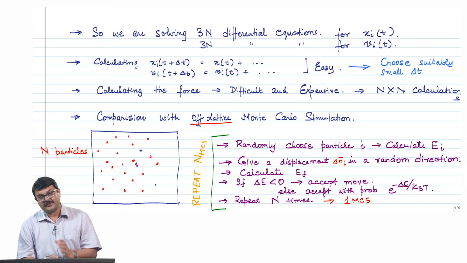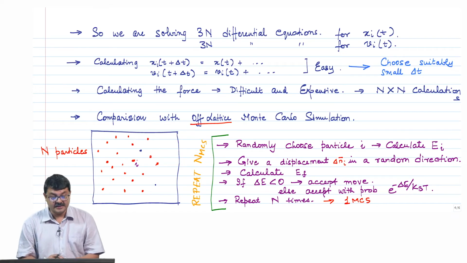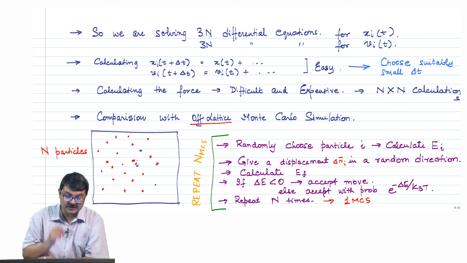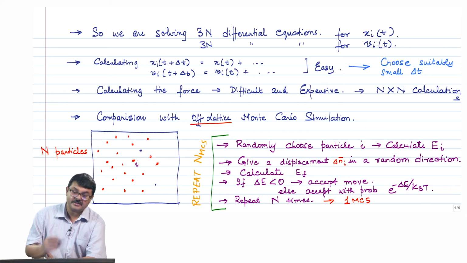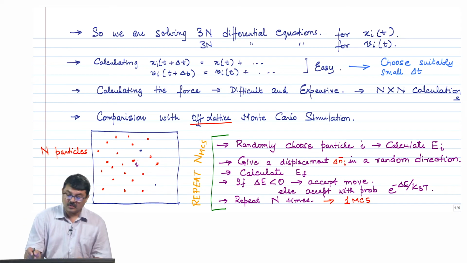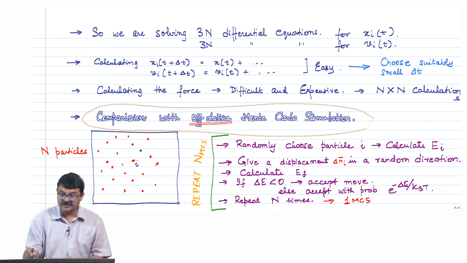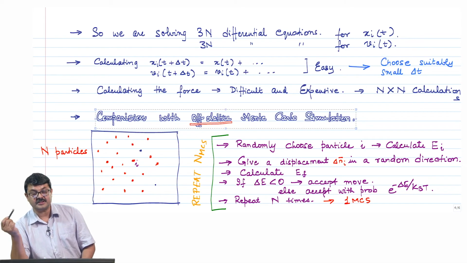At the introduction, even before I get down to the details, let me tell you what molecular dynamics simulations give. You have position and velocity at each instant in time, but you can also study a system with a so called off lattice Monte Carlo simulation. We did a lattice Monte Carlo simulation in the Ising model in the previous module of the course.